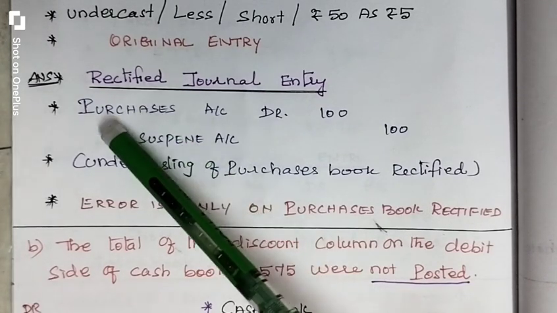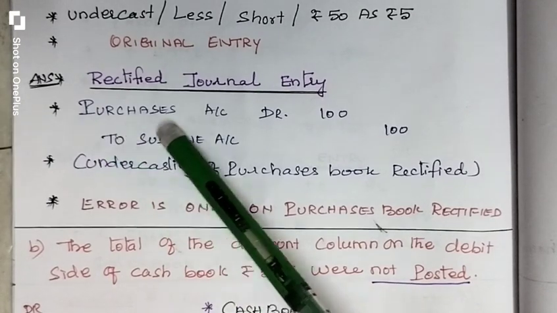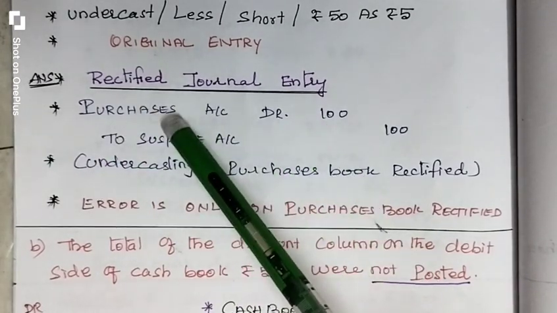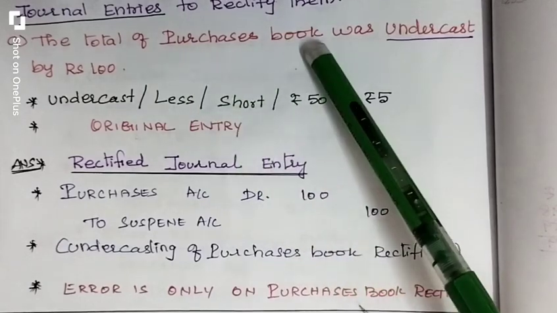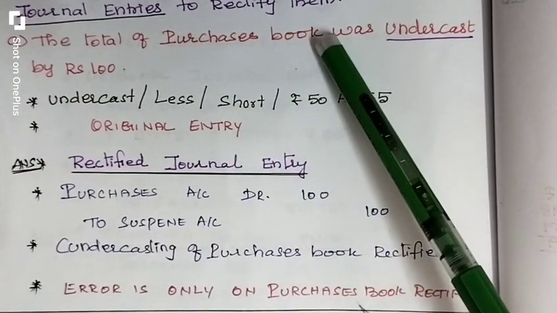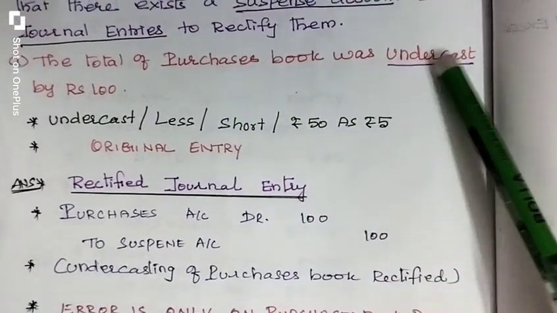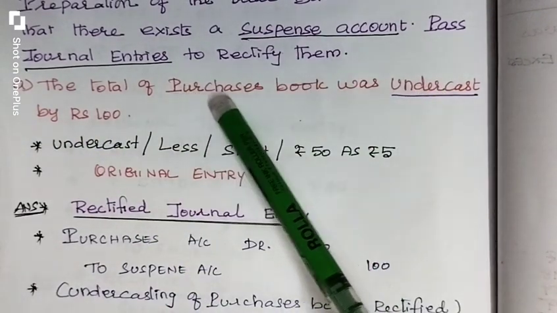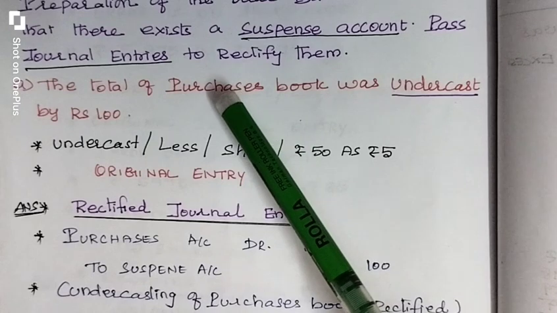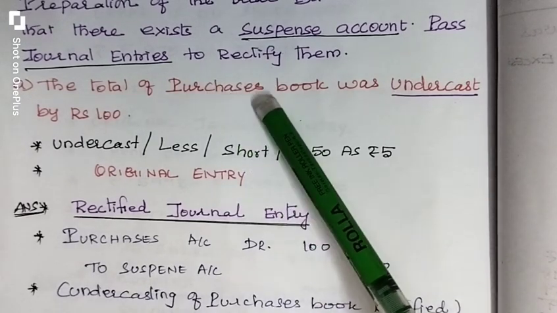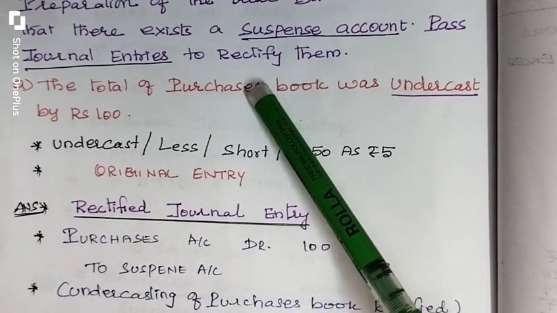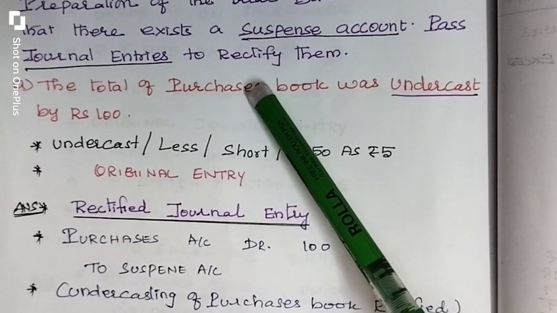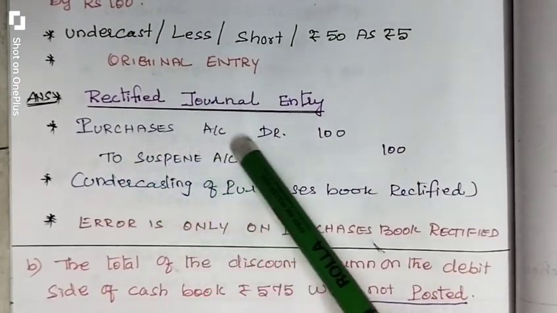Okay, so the error account we have entered here. Which is the error account? Purchases account. Purchases book is the error because purchases book shows 100 rupees undercast. The error is only on purchases book, which is on the debit side. So purchases account debit.